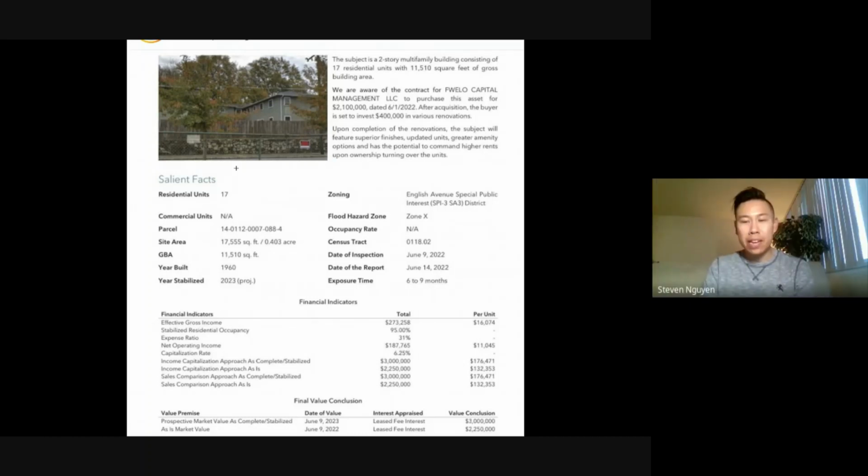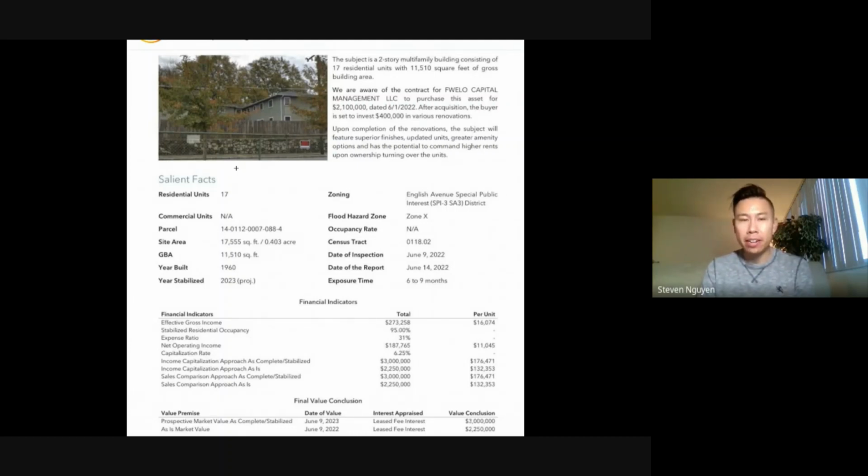But even then, at 300 units or 200 units, you're talking A-class apartment complexes, right? At that point, they typically have a pool, they have a gym, they have a business area, and it costs to maintain that. So it raises your cost. So I don't know how he got that, but that's probably how they justified a higher appraisal value.